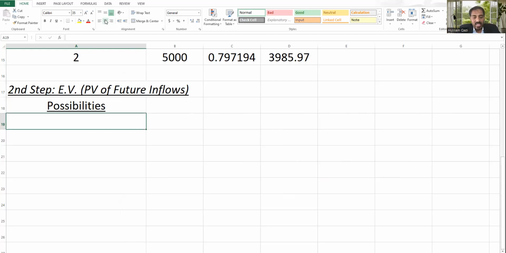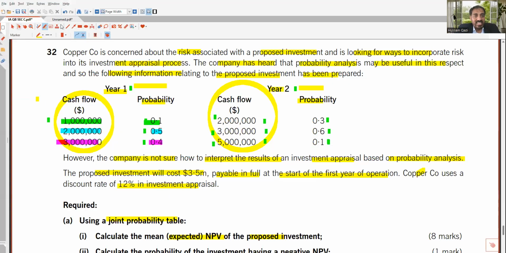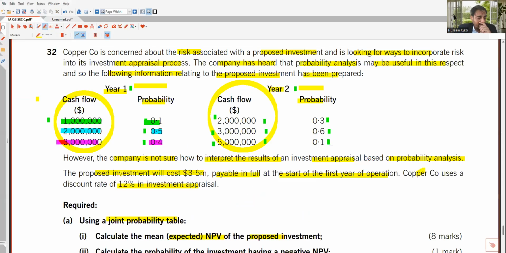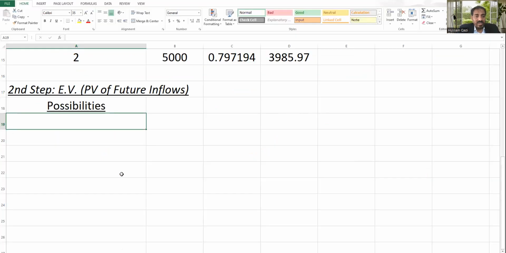Number one, possibilities. How many possibilities are here? There are 9 possibilities here. How to incorporate the 9 possibilities? Like this.